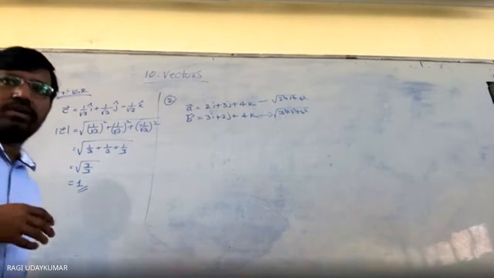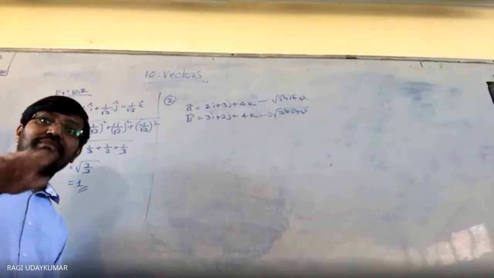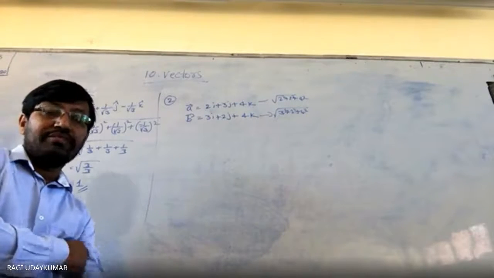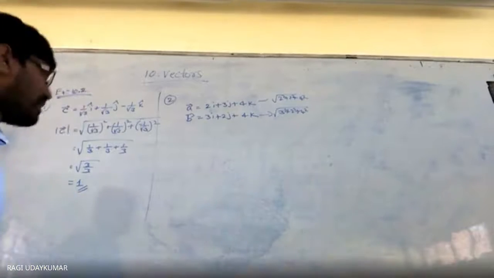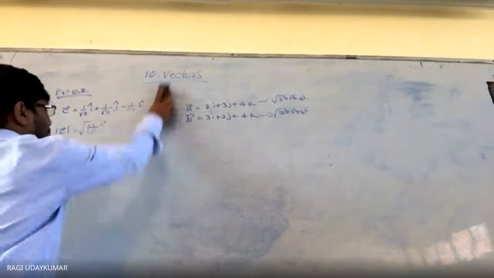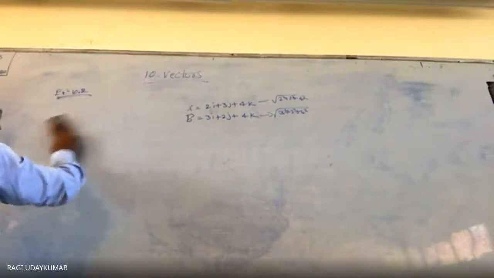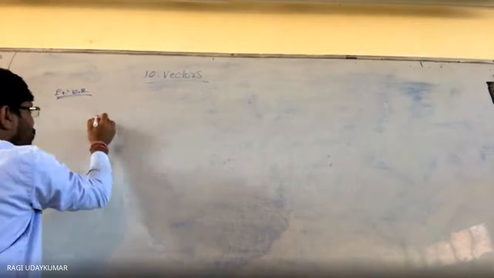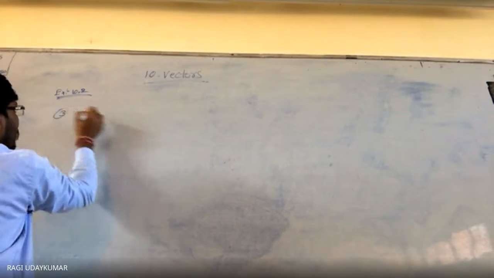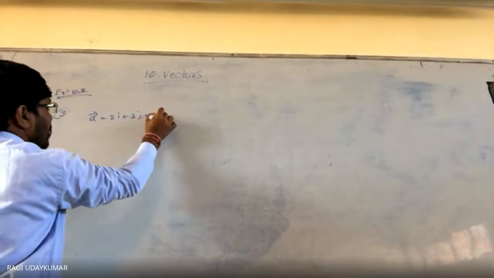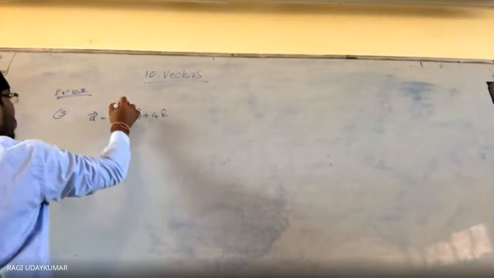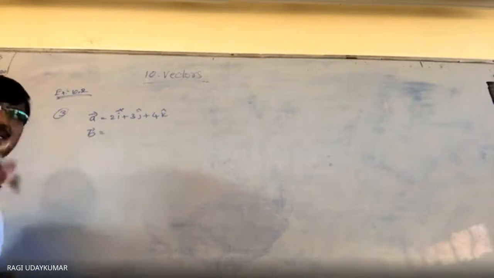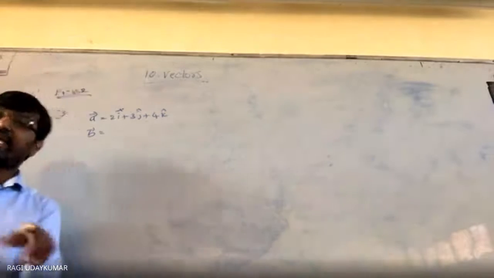The next question here is: two different vectors having the same direction. The vectors are different, but they should have the same direction. For the direction to be the same, what do we need to say? Just their components should be in the same ratio. That is, if you take one vector as 2i plus 3j plus 4k, and another vector, the question is two different vectors having the same direction.